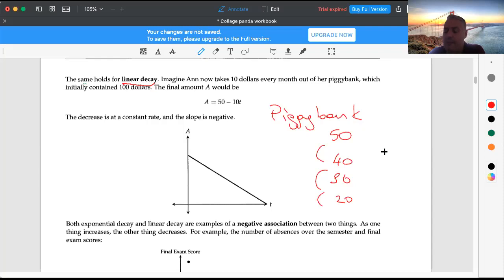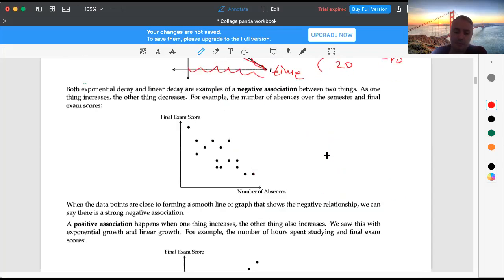So every month you are spending $10. You are not putting in, you are spending. So what's going on with the graph? The graph is decreasing, decreasing, decreasing, and when the time comes, it will be zero. So T is time, and here y is the amount of money. So the money is decreasing as time is passing. We call this linear decay.